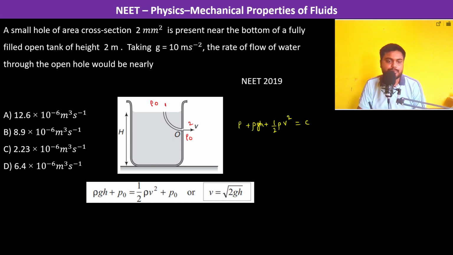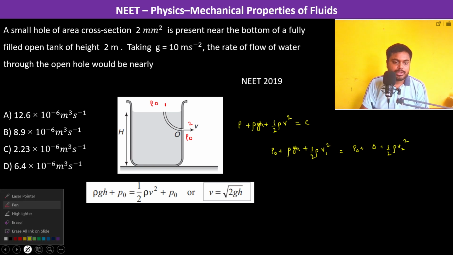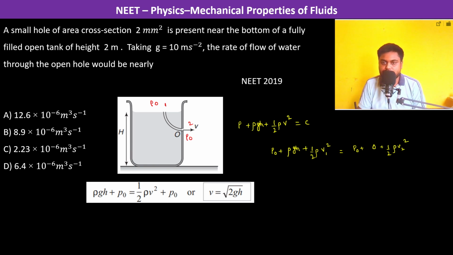Therefore we have P naught plus rho gh plus half rho v1 squared at point 1, which should be equal to P naught plus 0, since here the height is 0, plus half rho v2 squared.